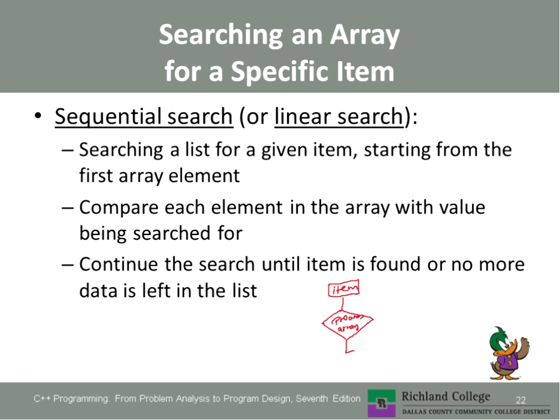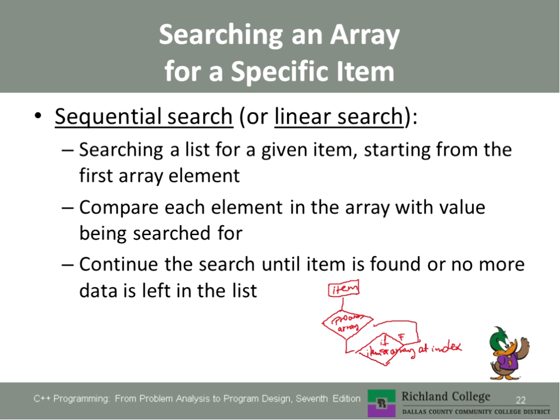We go through every single element, and then what do we do with each one of the elements? Then we're going to compare it and see if the item we're looking for is equal to the array at index.